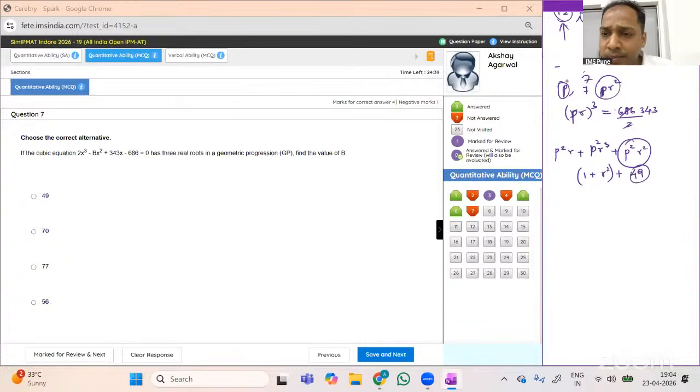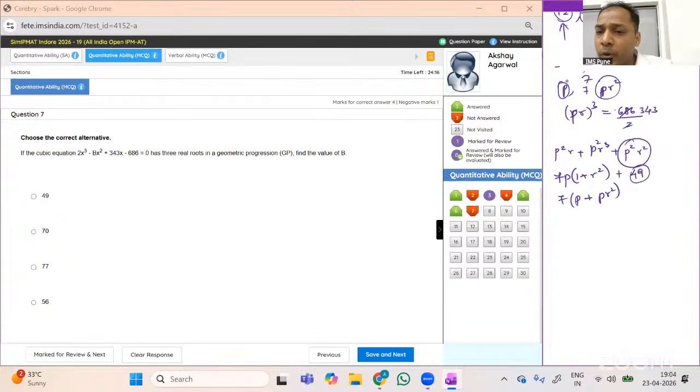And this would have been 7 into P and 7 into PR square. So 7P would have come out common and you would have got 1 plus R square. Even if I multiply this inside, can I get rid of any one of them? That would have become 7P, 7 times P plus PR square.